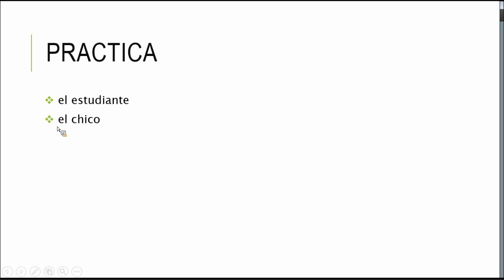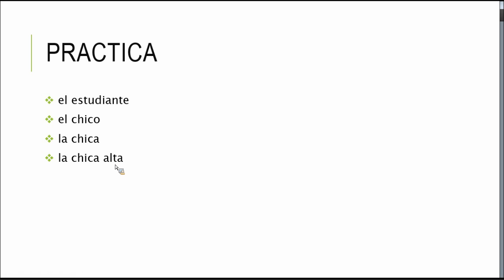Okay, el chico, one boy, the boy. So the article here is matching my noun in gender and number. We have la chica, and here we've thrown in an adjective now. So la chica alta. So the word alto or alta means tall.